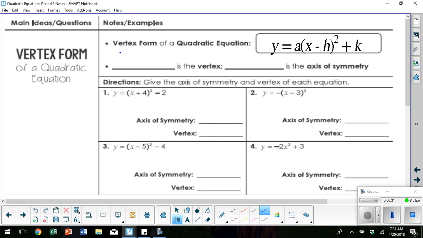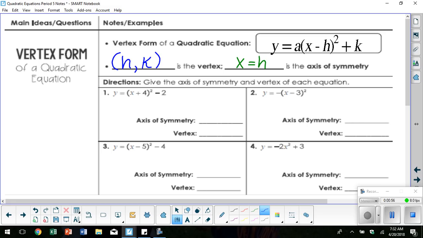The vertex is going to be h comma k, and the axis of symmetry is going to be x equals h. If you remember, the axis of symmetry is a vertical line, and a vertical line is x equals.